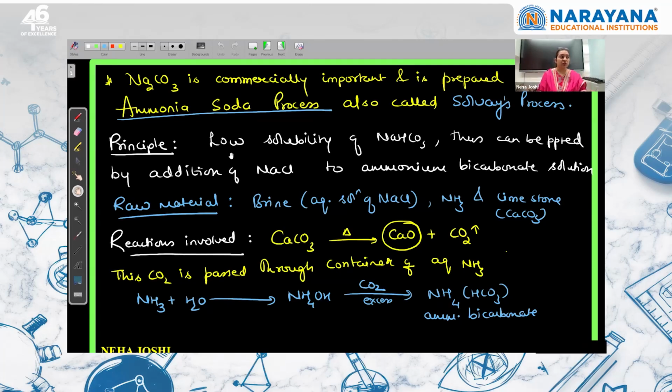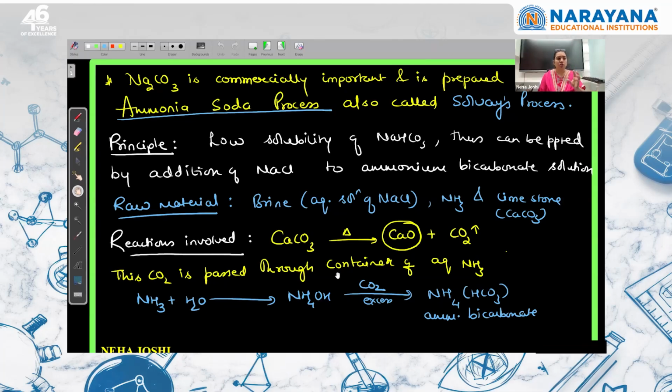Now, please note this very important principle. Why we use this method, I'll conclude in the end. But the principle of the Solvay process is the low solubility of NaHCO3. Thus, in the entire process, we somehow get this NaHCO3 precipitated. And then we heat that NaHCO3 and form Na2CO3.